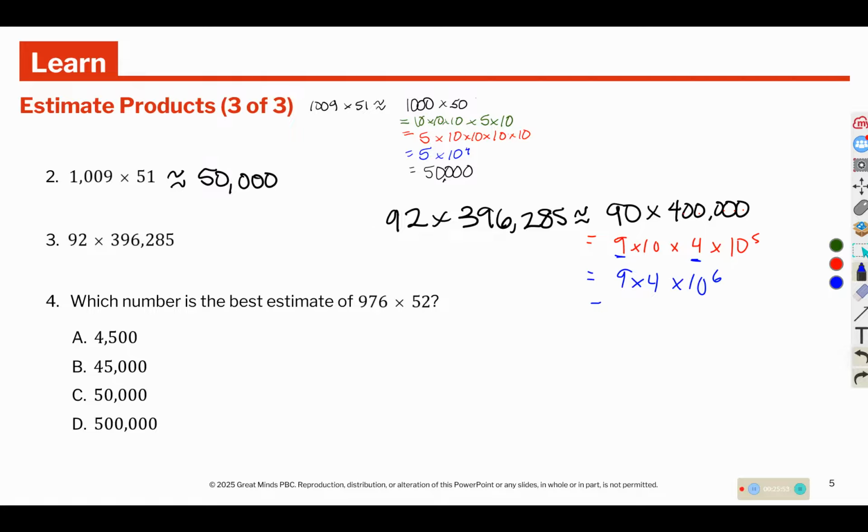Well, 9 times 4 is 36. And 36, with 6 zeros behind it, is 36 million. So this one is approximately 36 million.